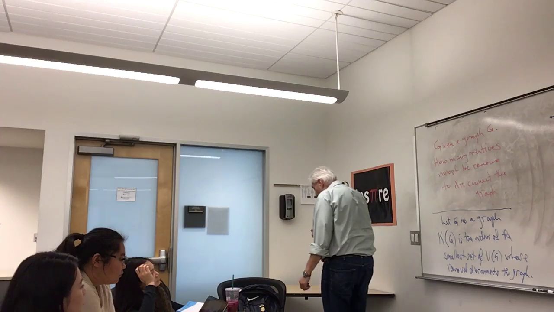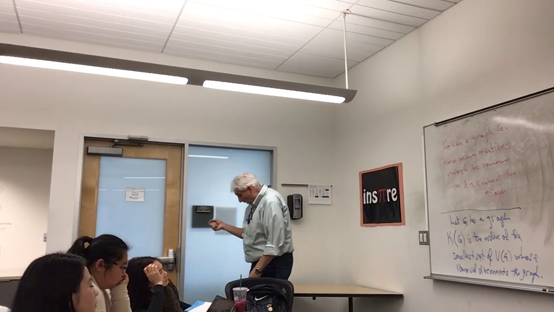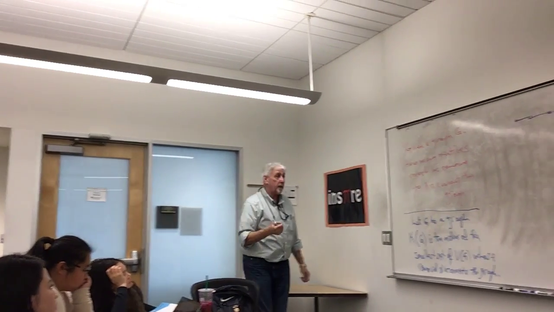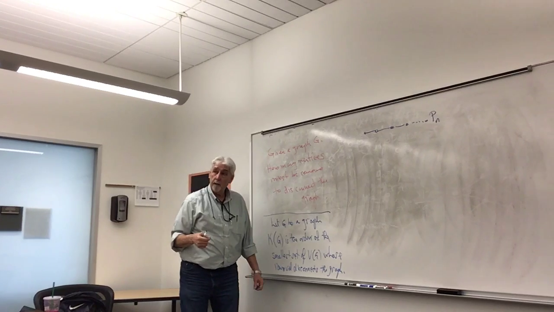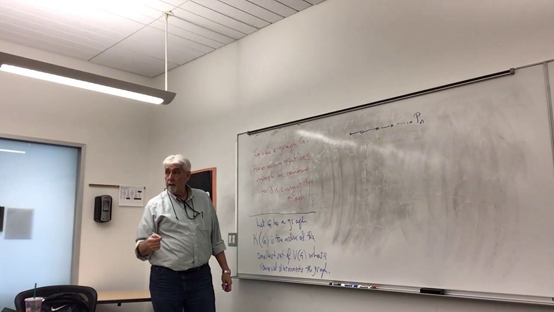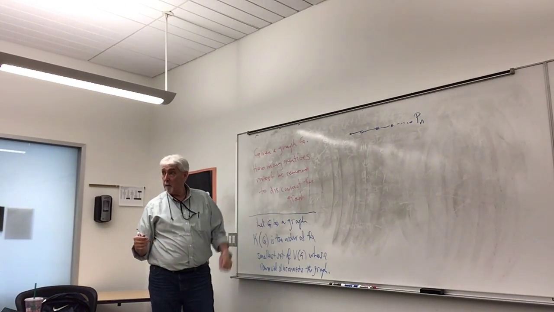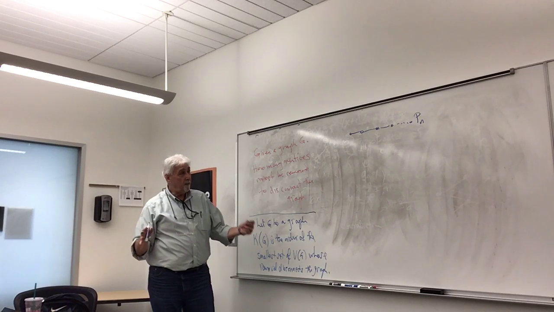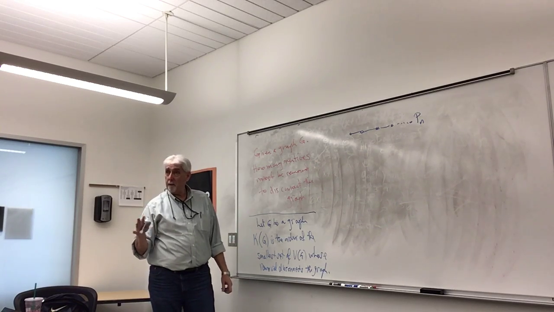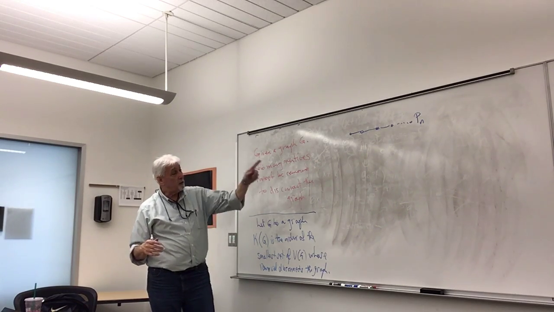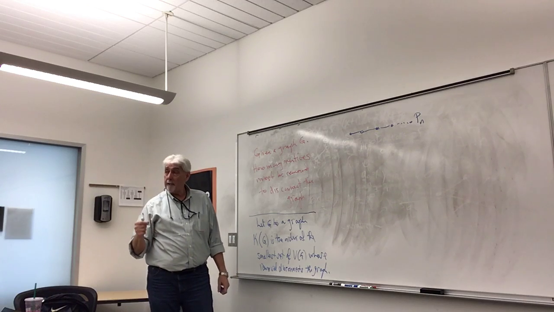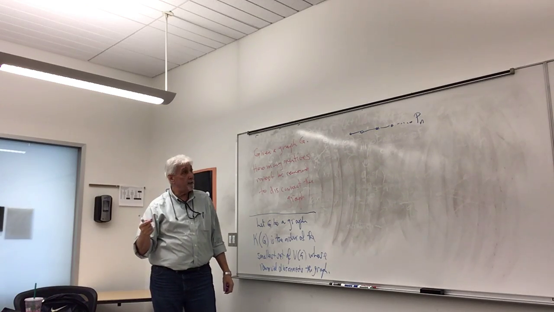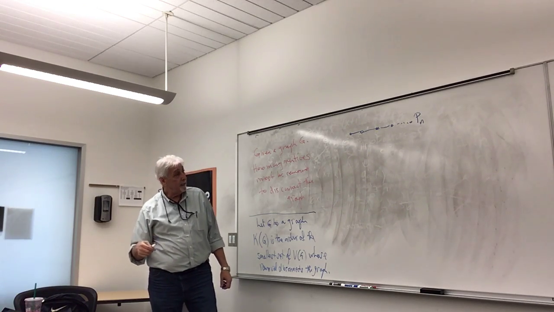What's the smallest number of points that I have to remove from P_n so that the graph is disconnected? 1. Hopefully in the middle somewhere, if there is a middle. If it's just P2, then that's K2, and that's different. So for P_n, the smallest number of vertices that I have to remove to disconnect it is 1.